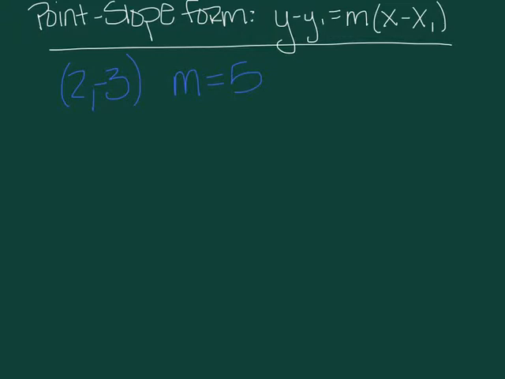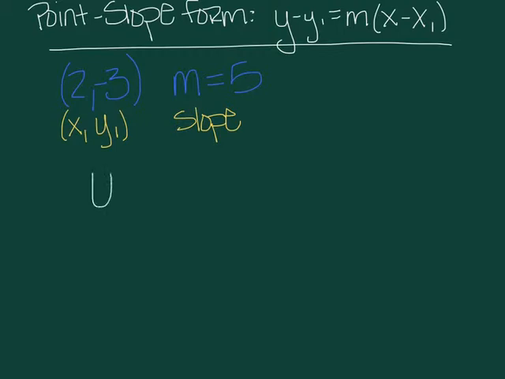So we need to take this information and plug it in to our point slope form. Should be really easy because we have our point and the slope. So remember, in our point, we could call this x1, y1 because it's our one and only point that we have to work with, and m is the slope.